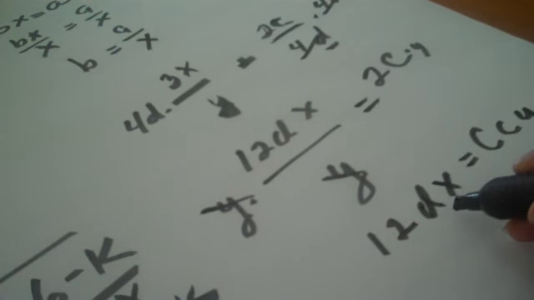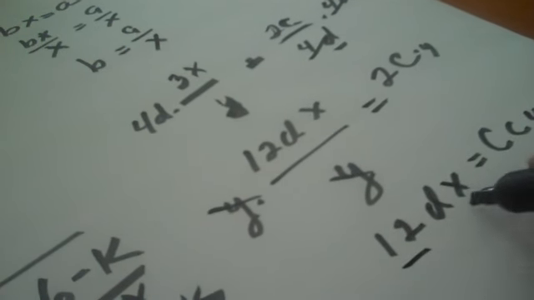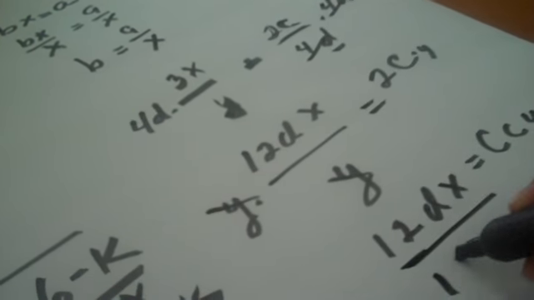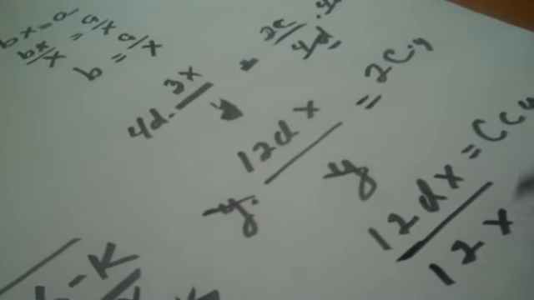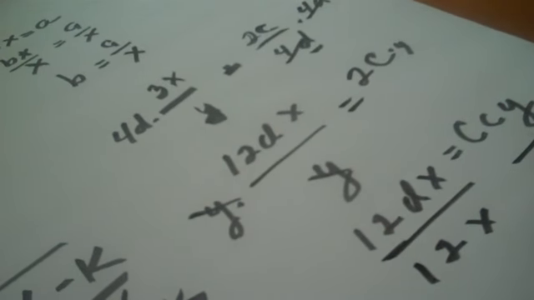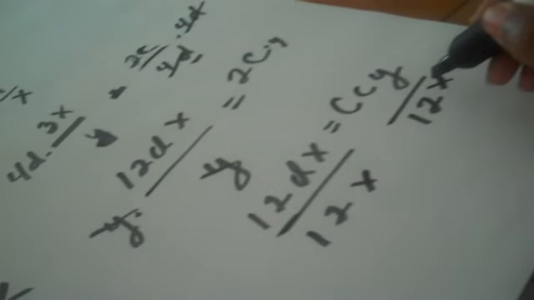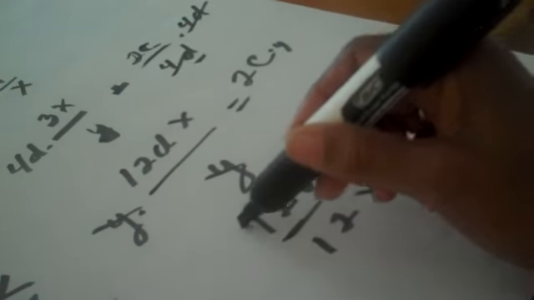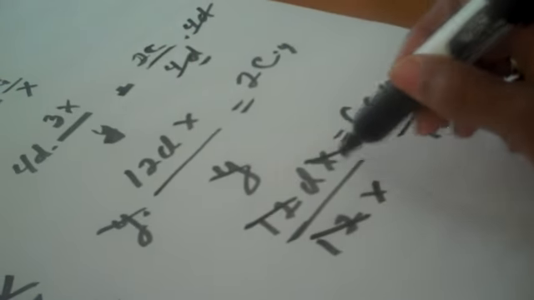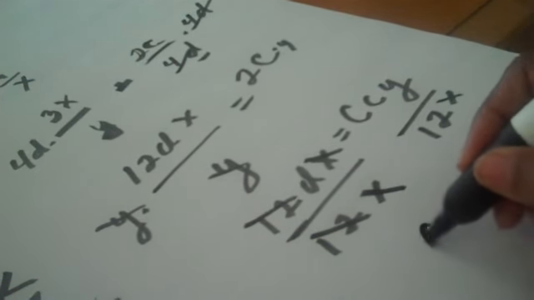Now, what's the coefficient of d? 12x. So we're going to divide both sides by 12x. So the 12's divide out, the x's divide out, and we're left with d.